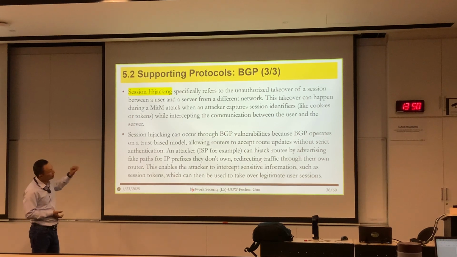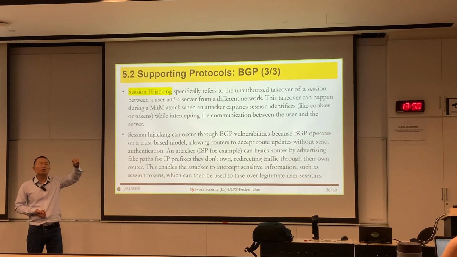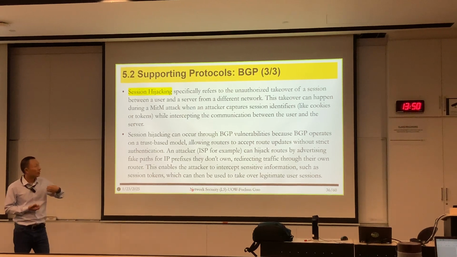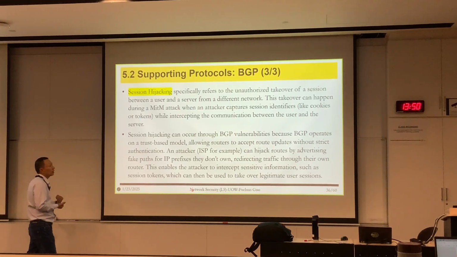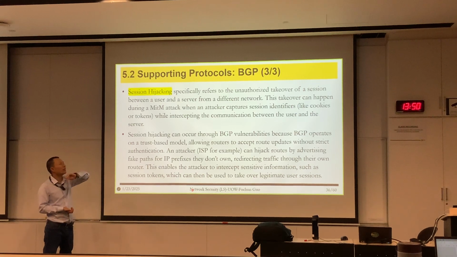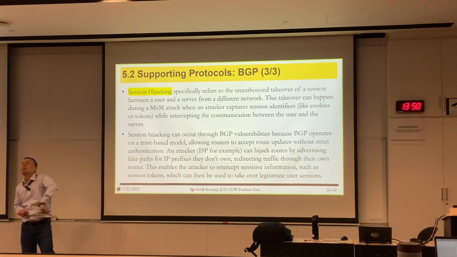But I try to update the route information wrongly, and make Alice and Bob believe that when they communicate, their packets go through my intermediate router. That will save more time. And then I'm able to see the messages communicated between Alice and Bob.